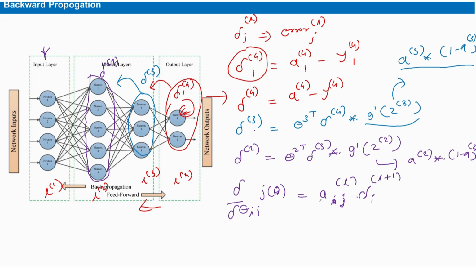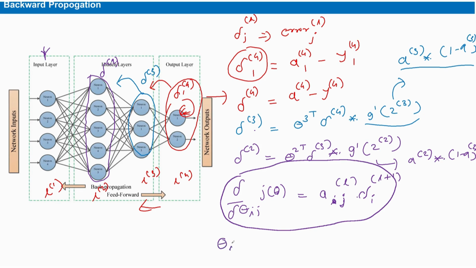With this you will get the derivative of the cost function, and you need to substitute this into the update.